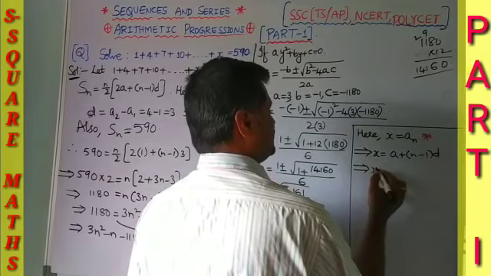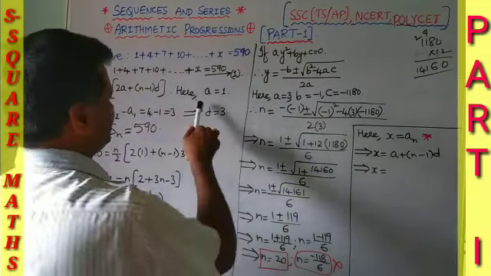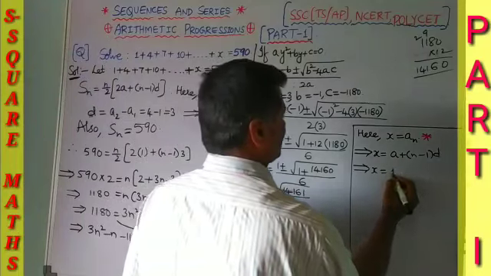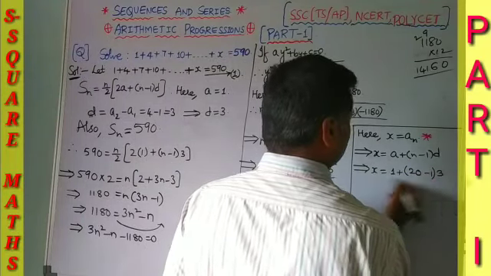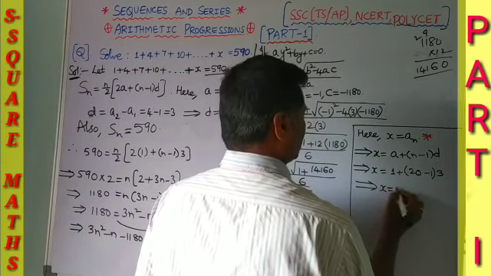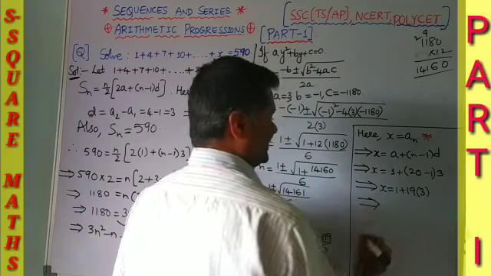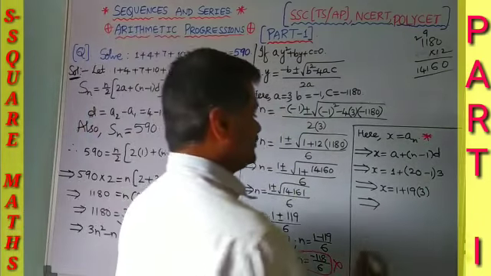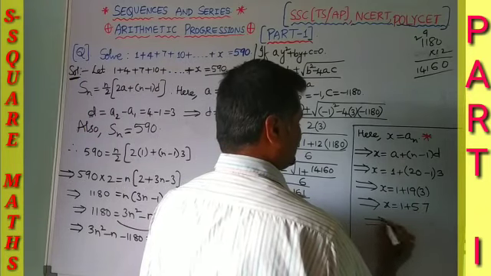Substituting all the values here, n is 20, d is 3 and a is 1. So 1 plus 20 minus 1 into 3. So x is equal to 1 plus 19 into 3. 19 into 3 gives you 57. So 1 plus 57, nothing but x is equal to 58.